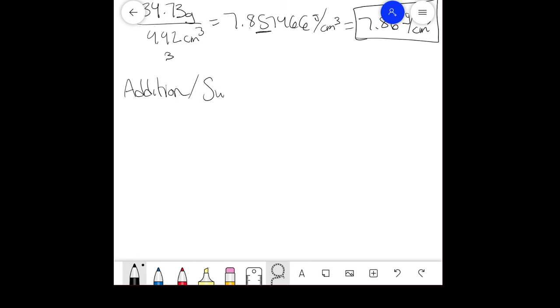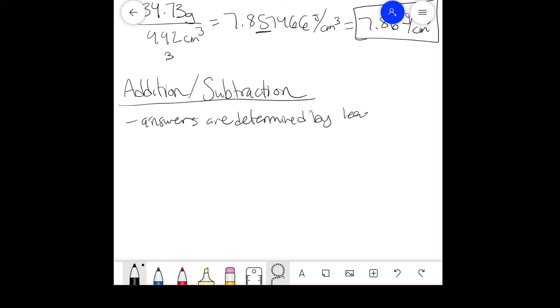So, answers for these are determined by the least accurate measurement, or in this case, the least number of decimal places.